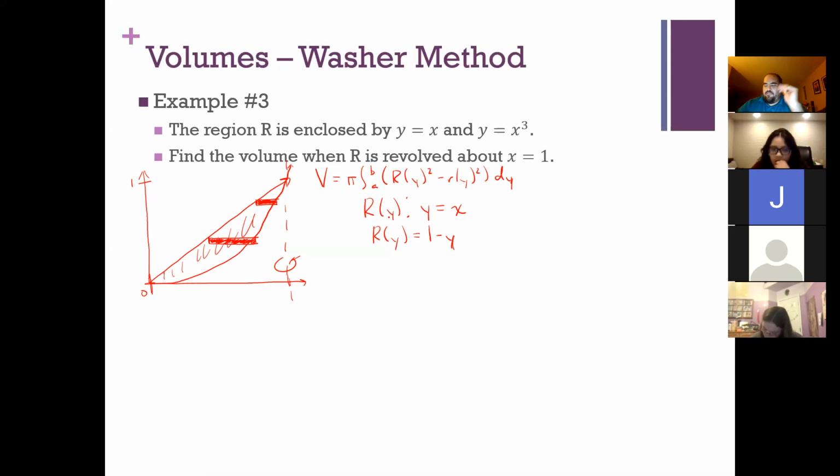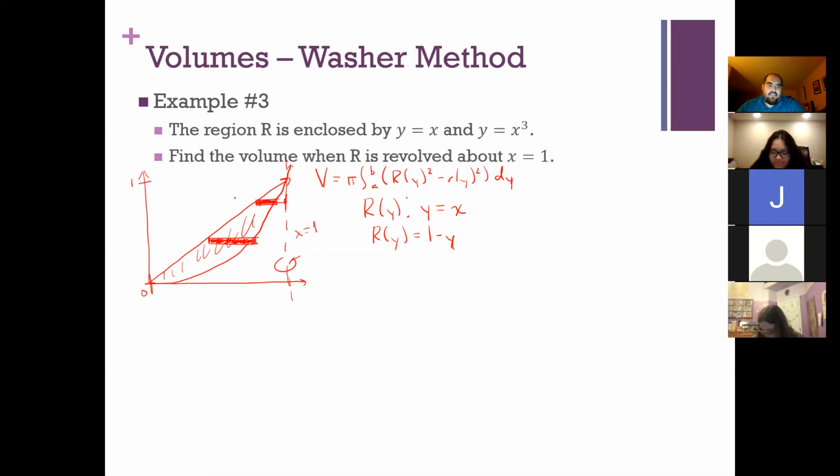And remember, like I've said a few times now, the radius is really going to be the distance from this axis to the line. We know that axis is x equals 1.